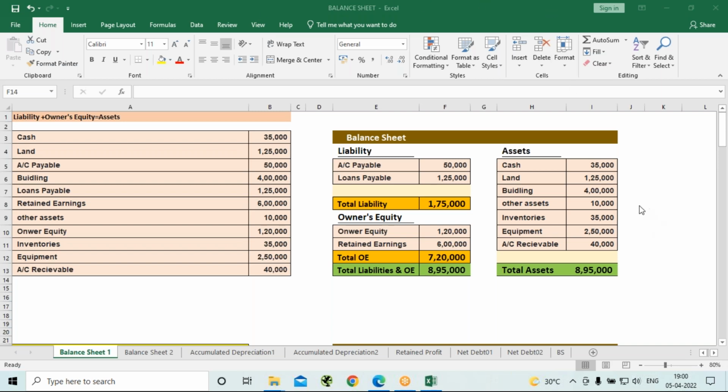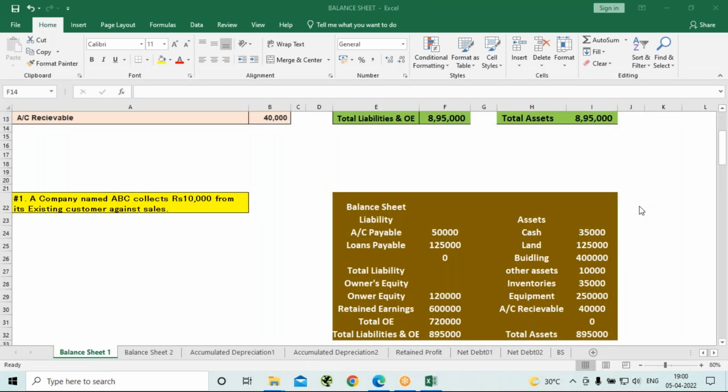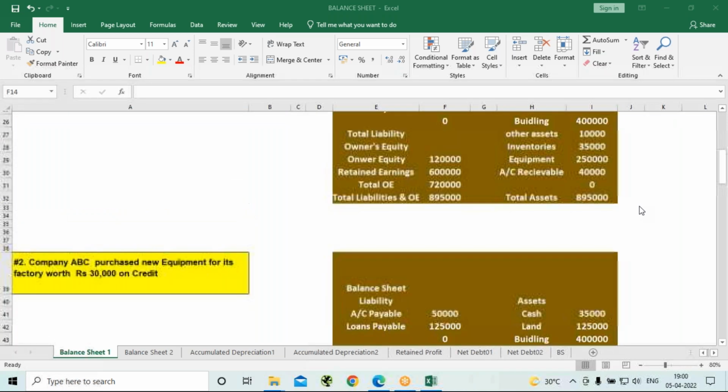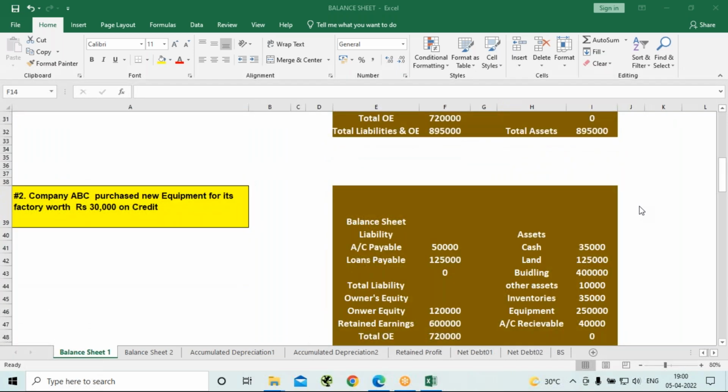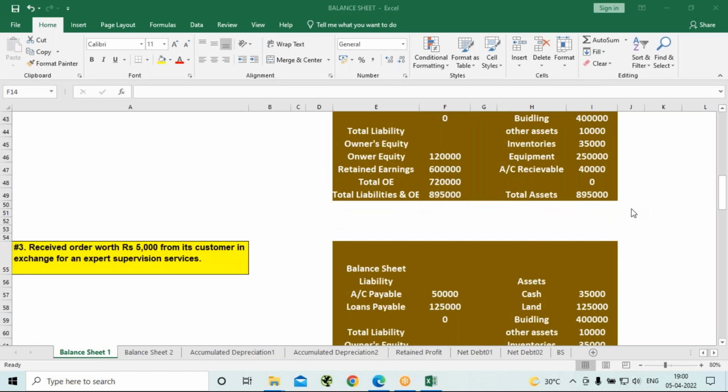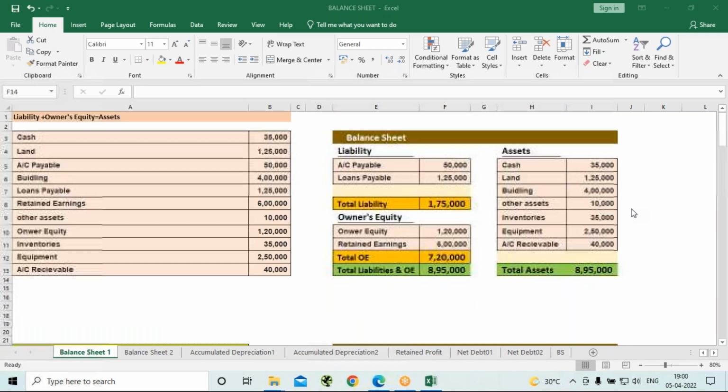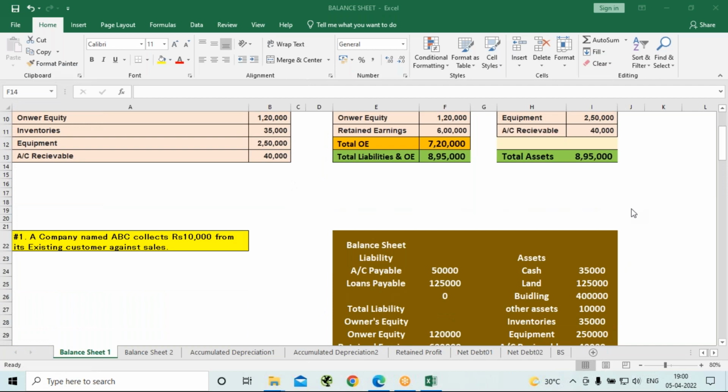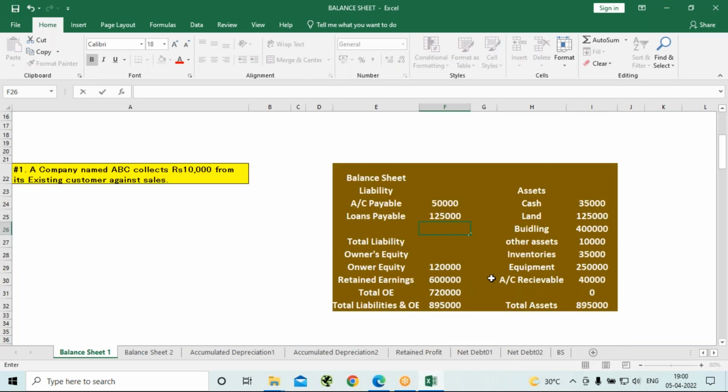Fine. So now we have certain questions on these values. So can you tell me that? Okay, so there are some changes we are supposed to make. Just give me a minute.